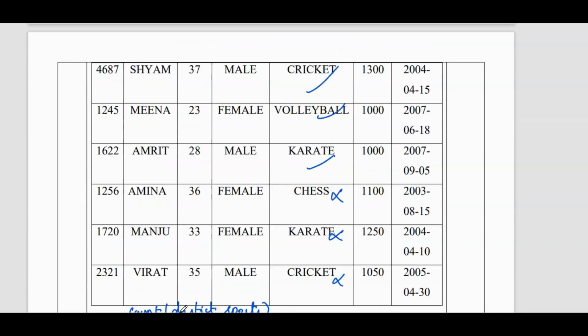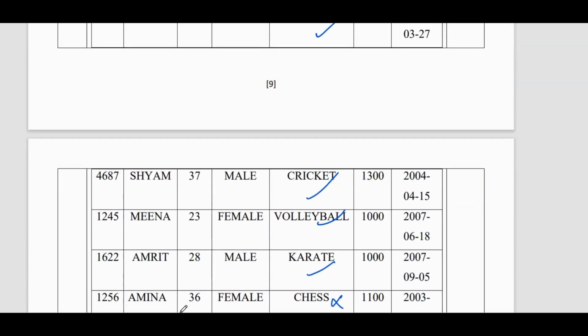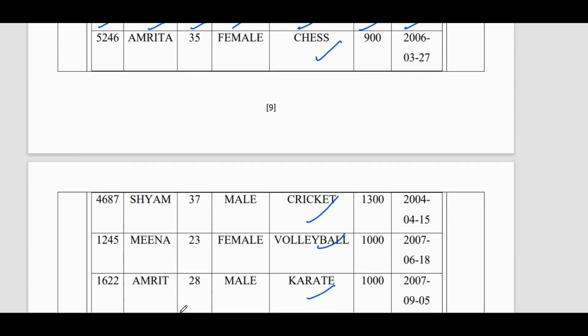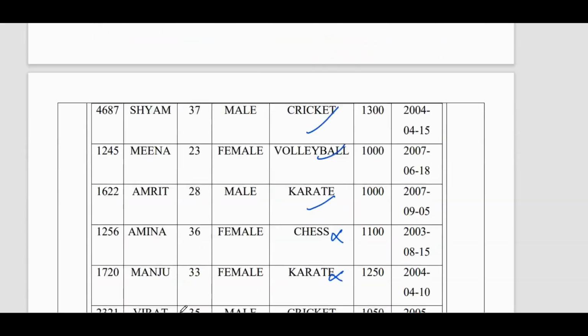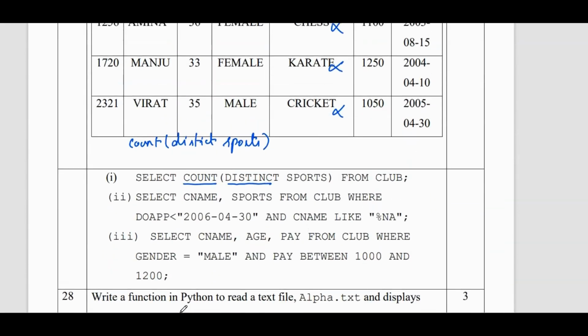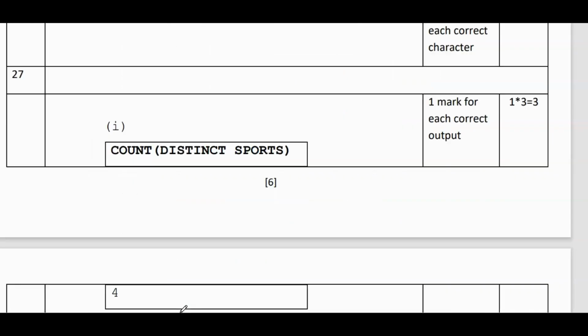So you should count only these four: chess, volleyball, cricket and karate. So there are four sports, and the count of distinct sports will be 4. So the count is 4 now. Let us see it in the marking scheme.